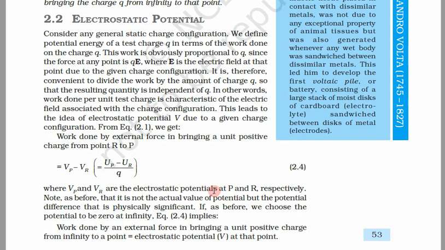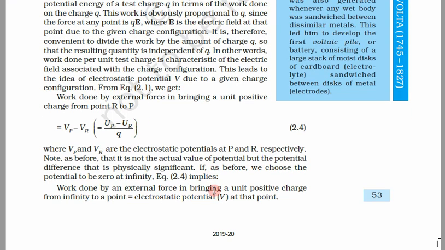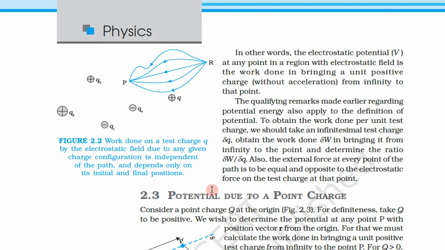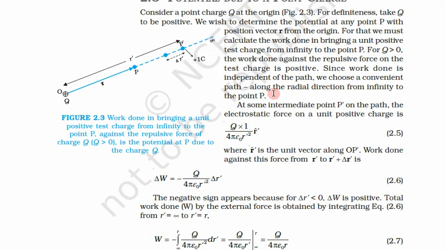After calculating this electrostatic potential, we simply calculated the potential due to a point charge at any point, and we found that both the potential energy and this electrostatic potential were not dependent on the path taken by the particle. It is only dependent on the distance between 2 points.